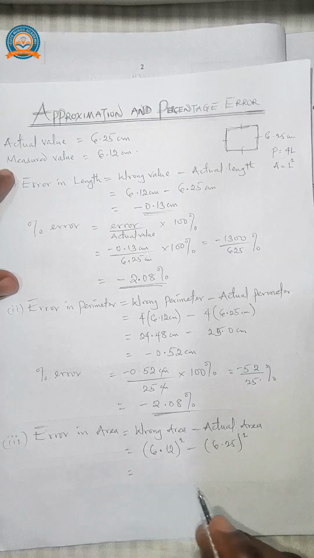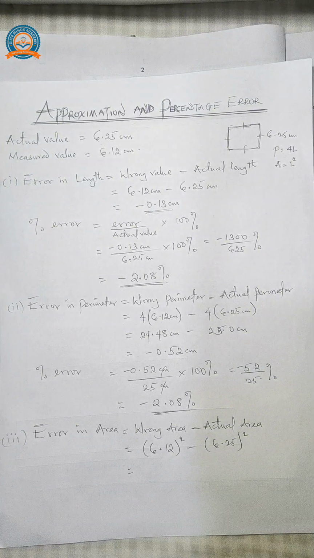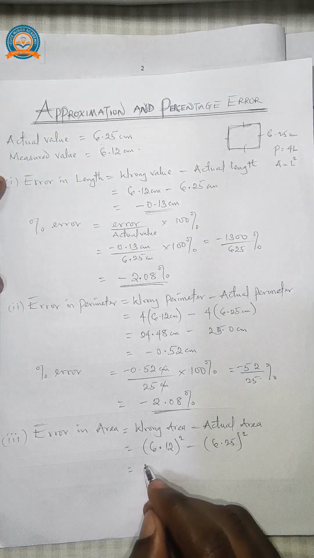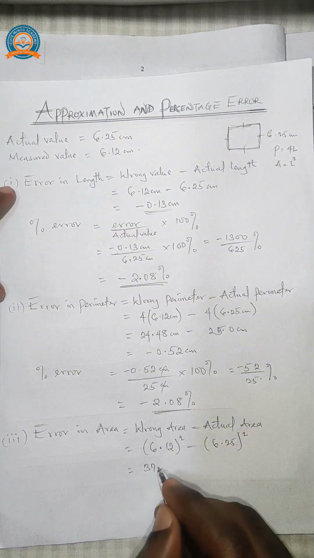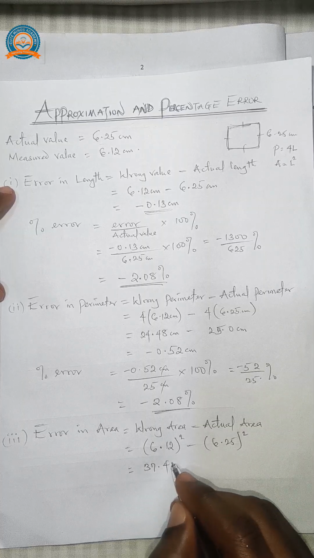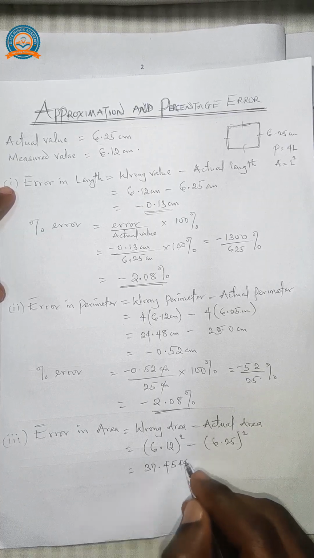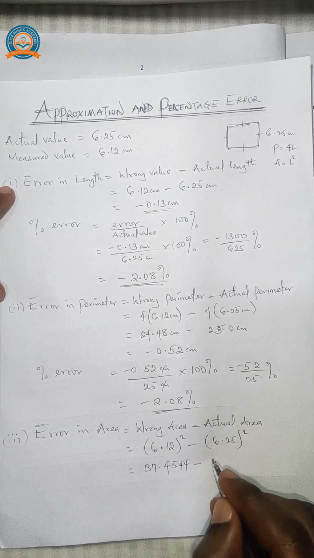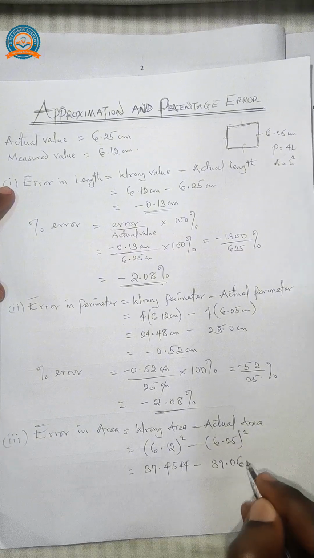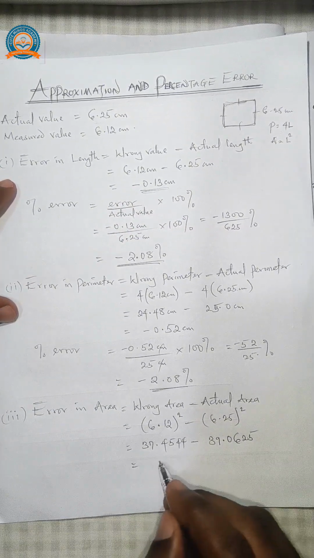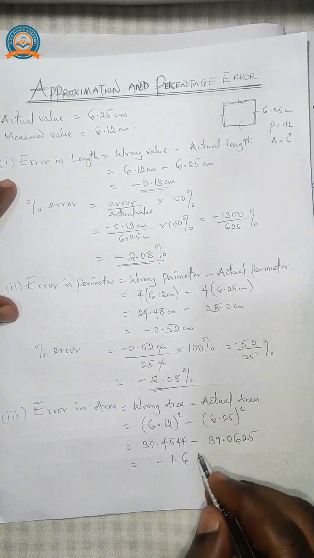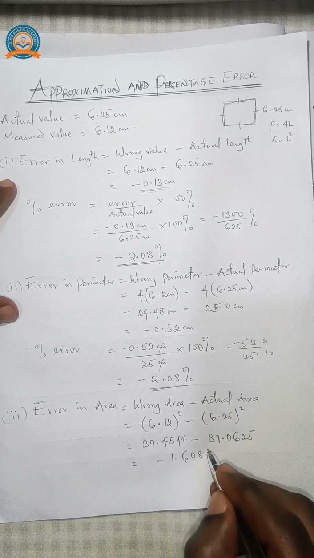So if we press this on our calculator, we should obtain the value 37.4544 minus 39.0625. So we subtract this, we should have negative 1.6081.